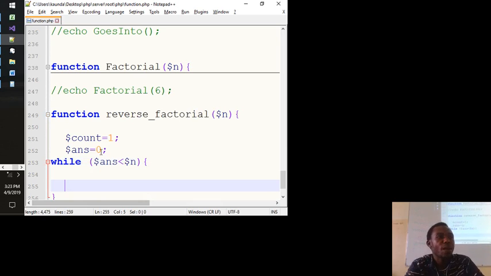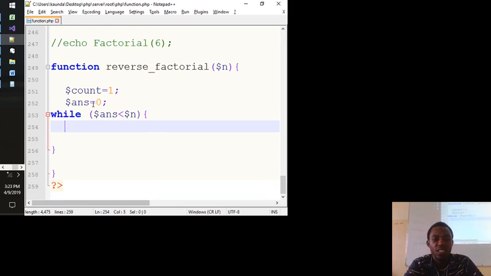Let's say when we multiply by 1, by 2, we'll be putting that answer in this. So while this one is still smaller than the number we've been given, we'll keep doing it. So that is the whole show. Then we will multiply this by our value.